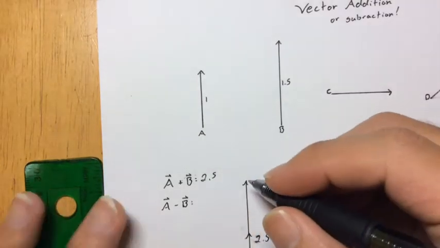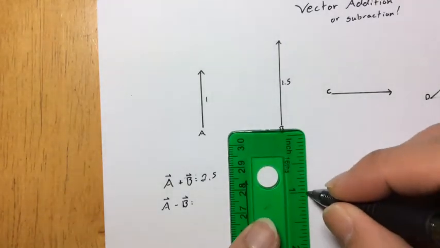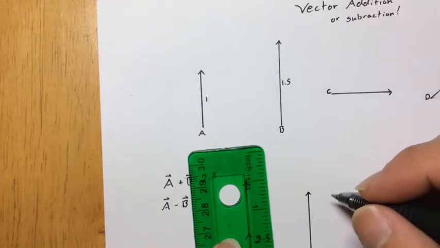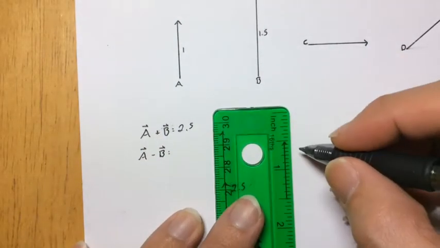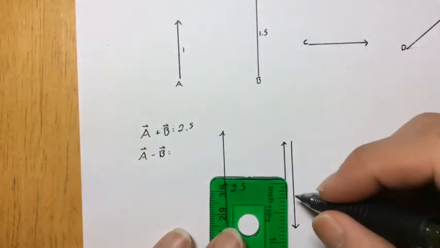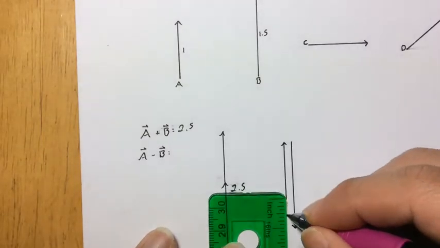So I've got 1 going in the positive direction here, and I'm adding the negative B. Negative B is going to be going down 1.5 the other way. So something like that. What I get in the end is just this little piece over here. Let me make it a different color.